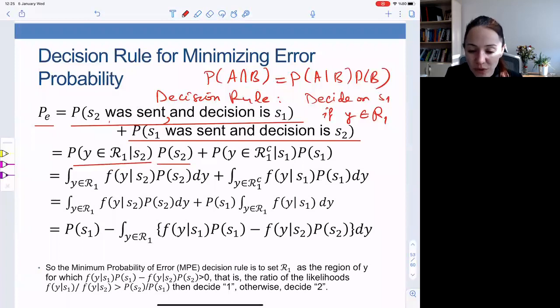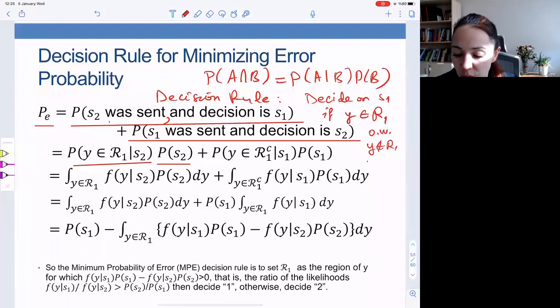So we are focusing on a decision rule such that if Y takes values in a certain region R1, we decide on S1, and otherwise, that is, if Y is not in R1, we decide S2 was sent. We don't know at the moment what those regions are.